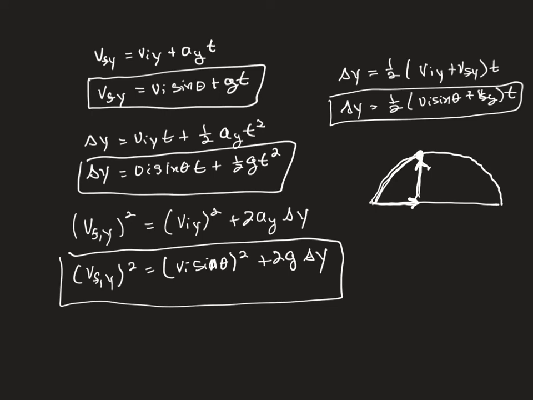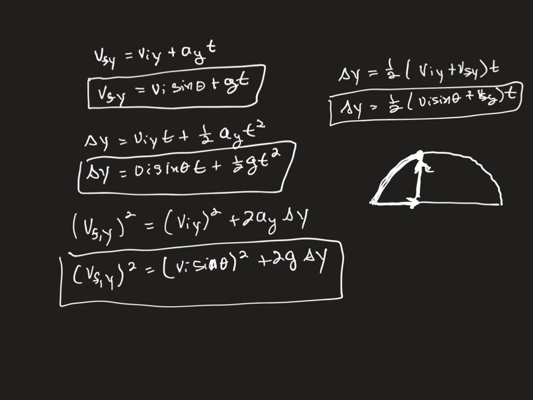The object goes like this, and it does the motion all at once. So there's a single time. So the time in the x direction equation to get to here is the same as the time in the y direction equation to get to here. There isn't a separate tx and a separate ty. So keep that in mind, that links your x and your y equations, because time is not a vector.